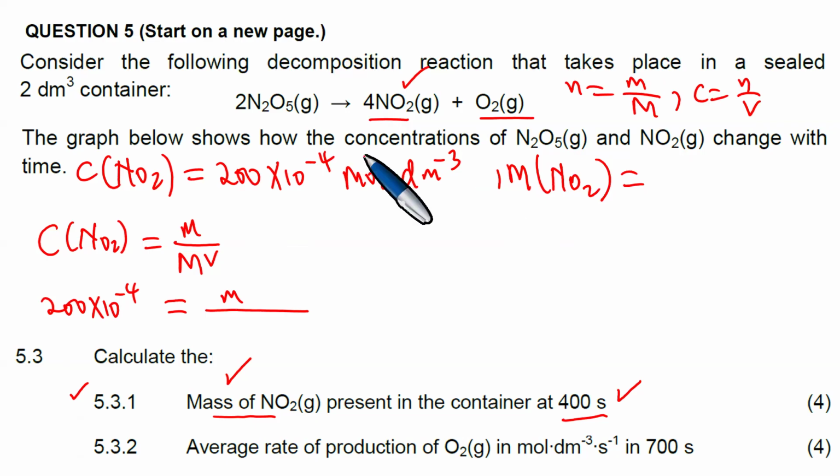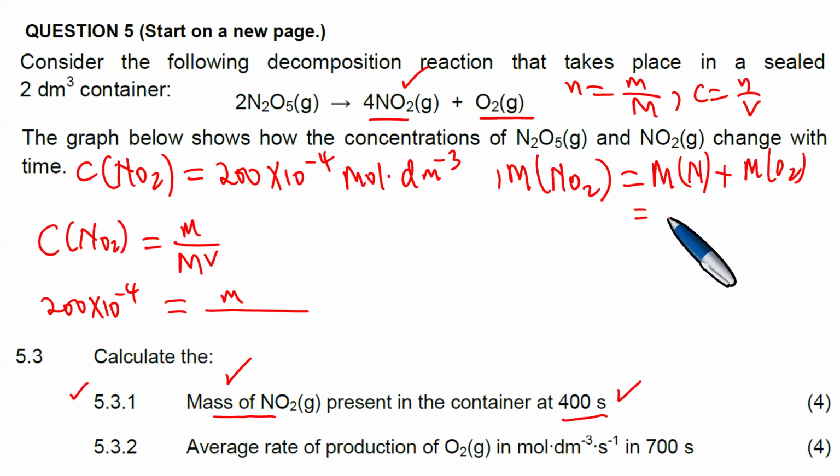Now, for nitrogen, for example, we know very well that it has a relative atomic mass of 14. So it will be the molar mass of nitrogen, and then you have the molar mass of the two oxygen atoms there.